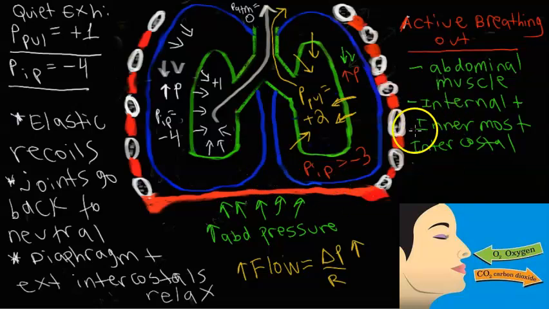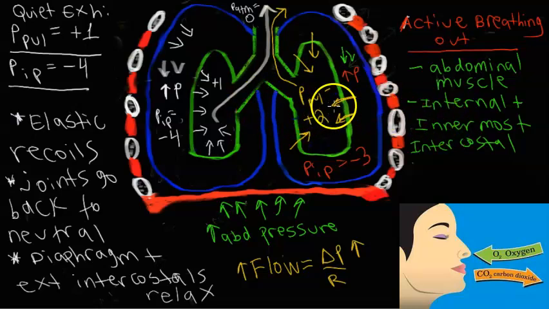And then we also have the intercostal muscles, specifically the internal and innermost. They're going to yank down on the ribs. They're going to pull down on the ribs to move the ribs down and in, and that's going to decrease the thoracic volume in the left-right direction.